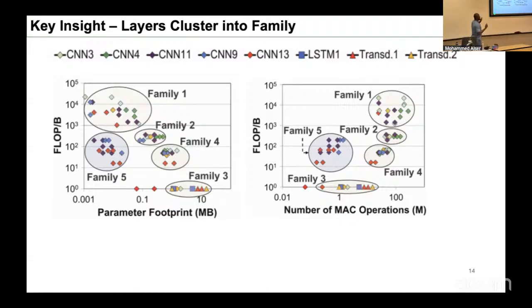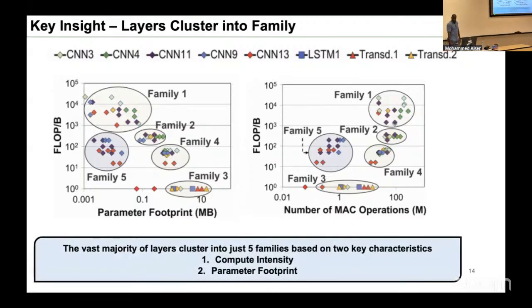The key idea here is that even though these layers might look different, when you plot the parameter reuse and the parameter footprints, they actually cluster into different families, based on the characteristics of that particular layer.